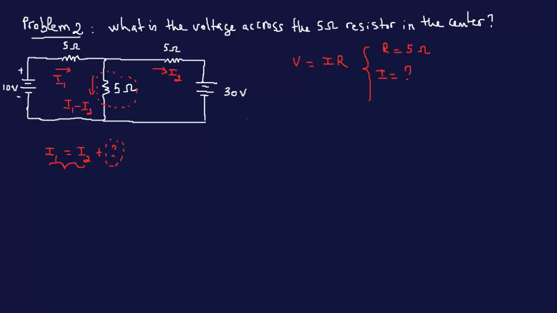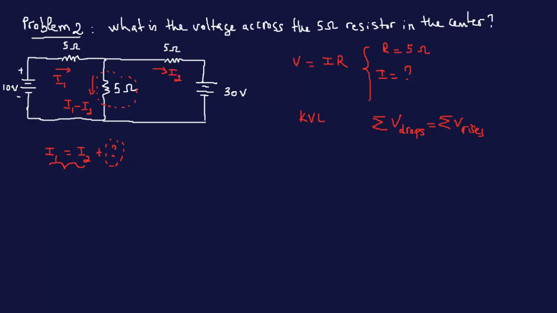So now applying KVL to find our current going in here, I1 minus I2, we have two unknowns. So applying KVL, let's go ahead and do that. From minus to plus, KVL says the sum of voltage drops is equal to the sum of voltage rises.